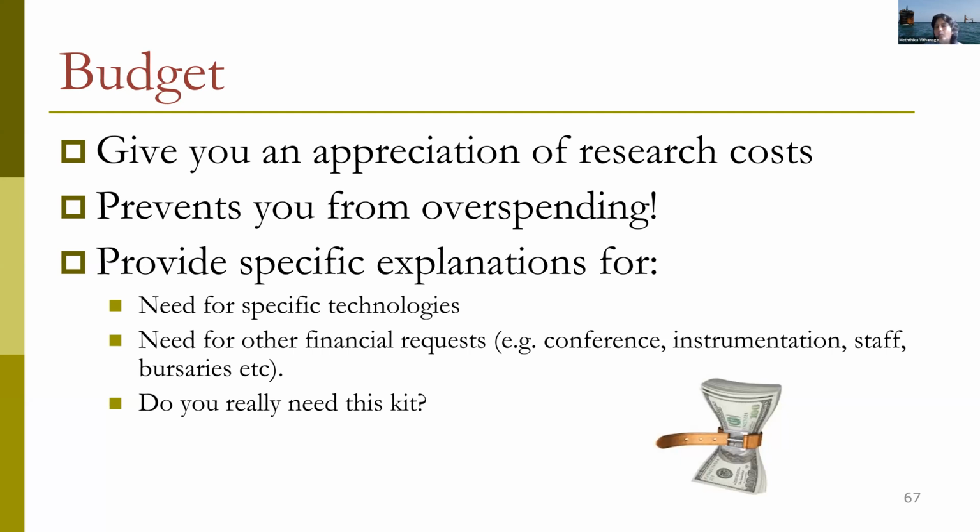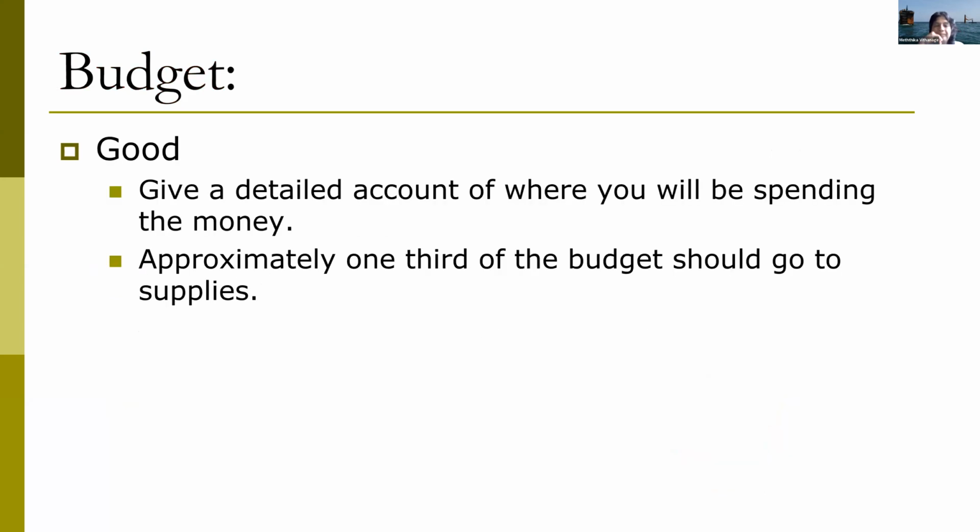And if you request finances to go to conferences, especially transportation, instrumentation, and so on, then you need to justify those, right? So a good budget will have a detailed account of where you will be spending your money, right?